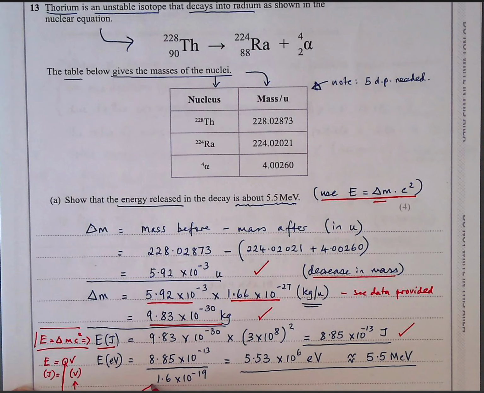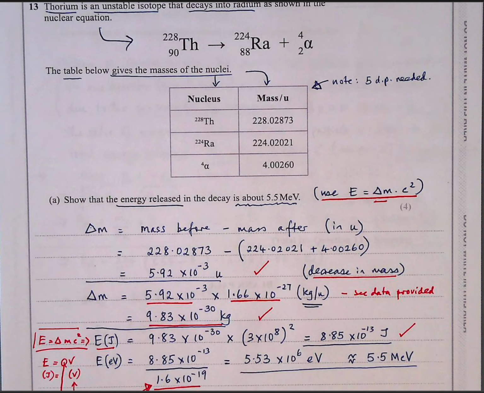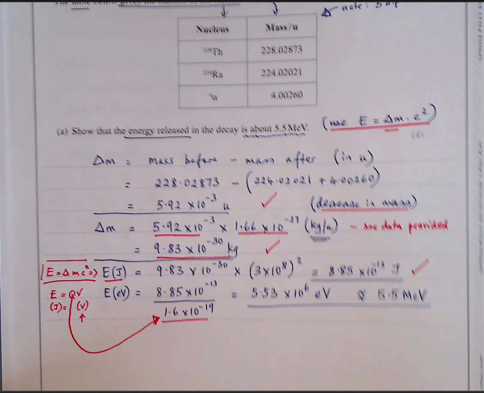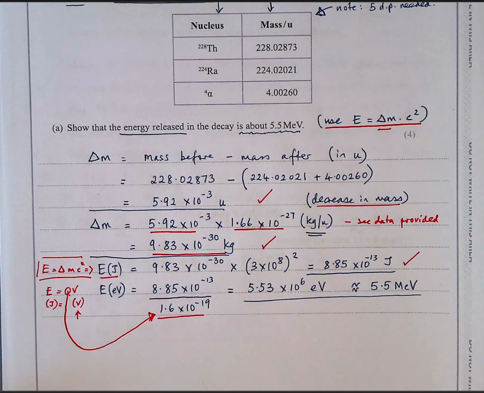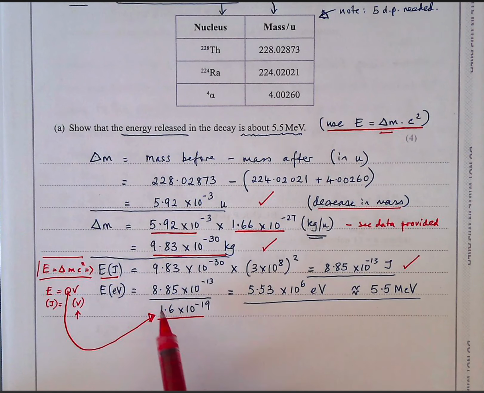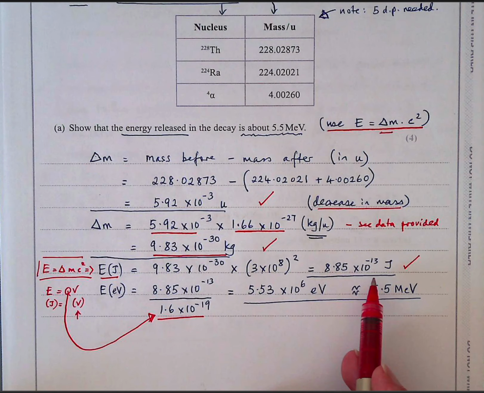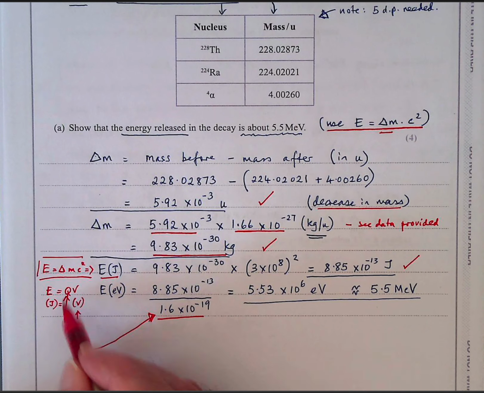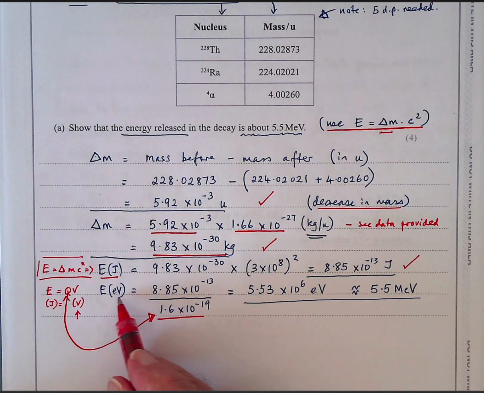Okay, so this is 1.6 times 10 to the minus 19, so that's also on your data sheet. Once you do that, you can see that when you change it to, I just need to move the paper slightly so you can see what I'm doing. So just to reiterate this point, you divide the energy we worked out in joules by the charge of one electron, and that's how you get electron volts.